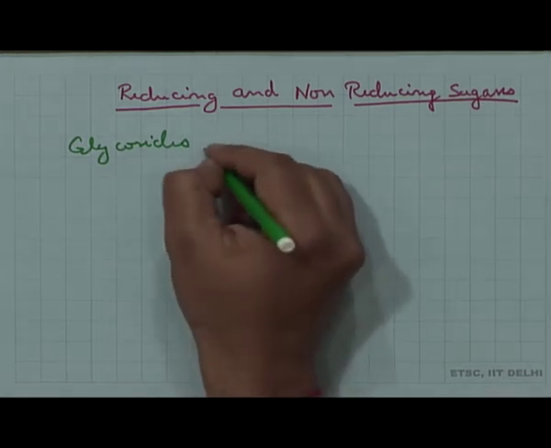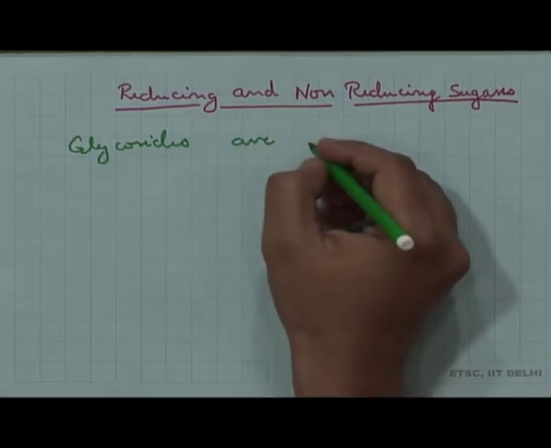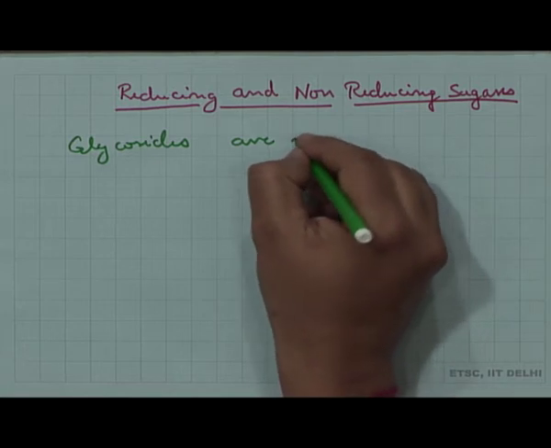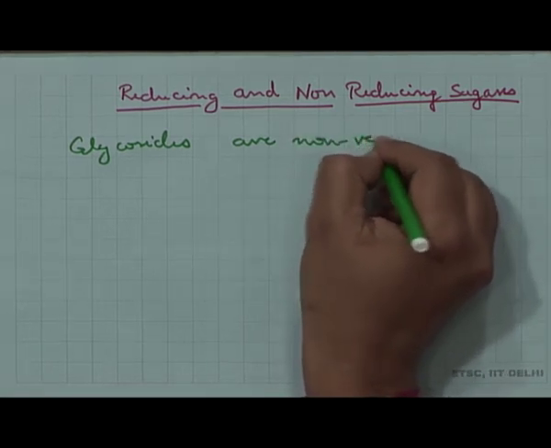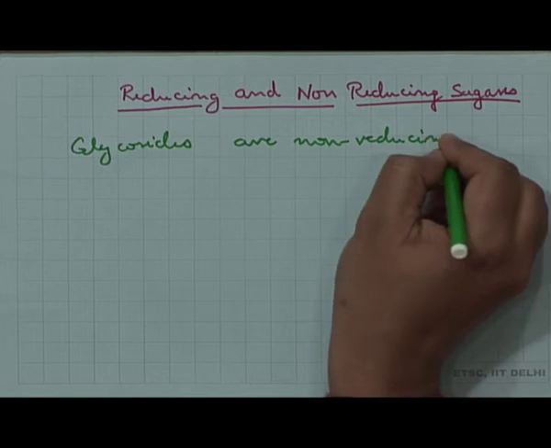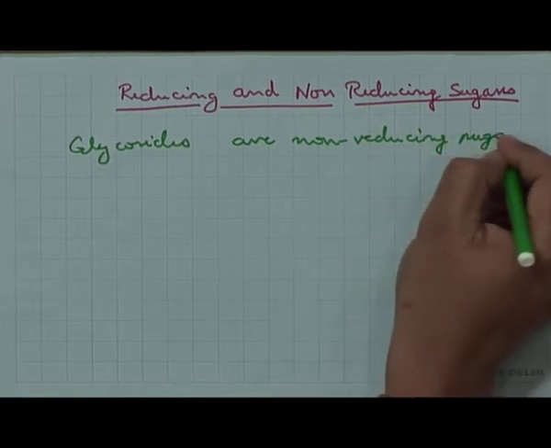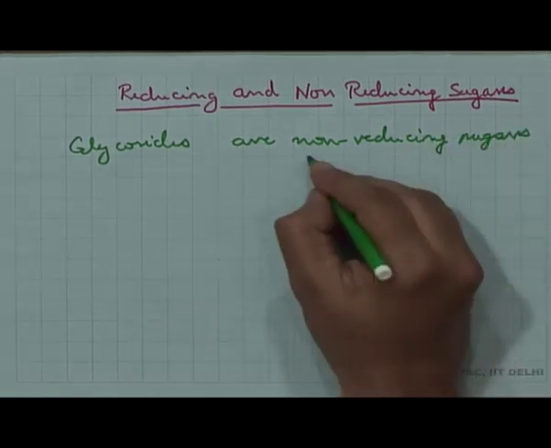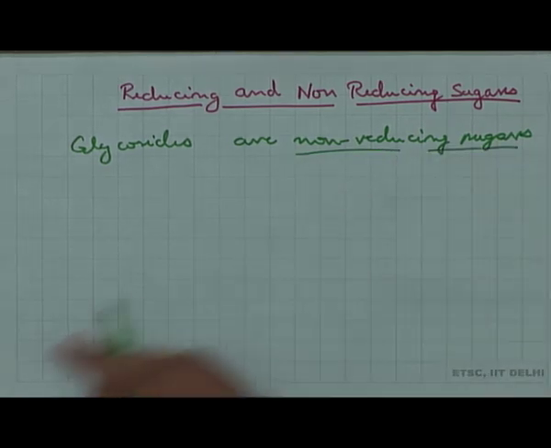Glycosides are non-reducing sugars. Why is it so?